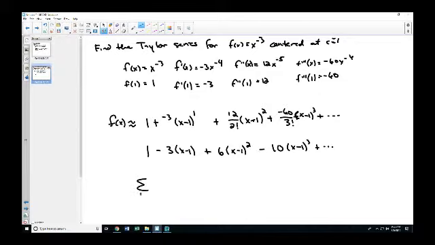Write the series notation. Okay, so you said what, Monty? It's alternating. Okay, negative 1 to the n or n plus 1? What if n is 1? It's negative, so leave it negative at 1.